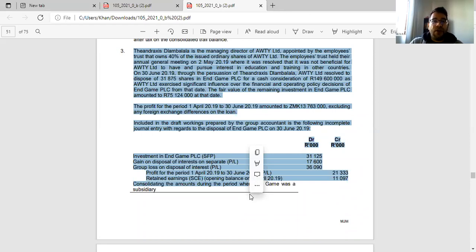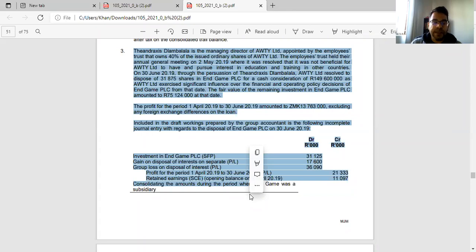This company, the foreign operation, was acquired during the 2019 financial year, on 1 April 2018, which was the beginning of the financial year. So there were no messy businesses over there. It was a simple acquisition of a subsidiary. The only thing we needed to deal with really was the foreign exchange adjustments.